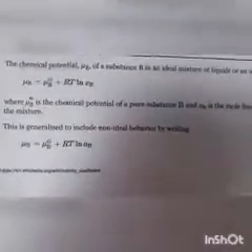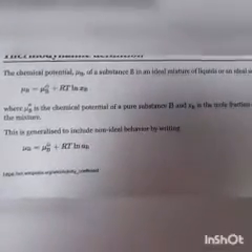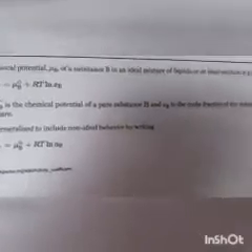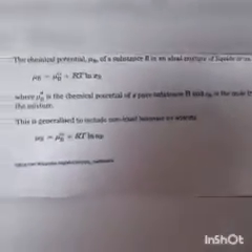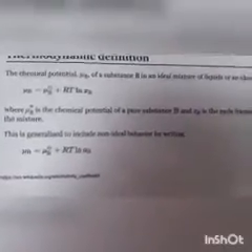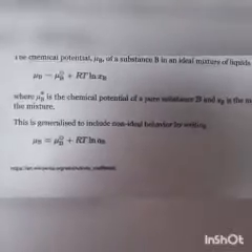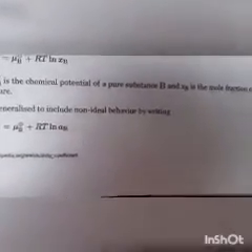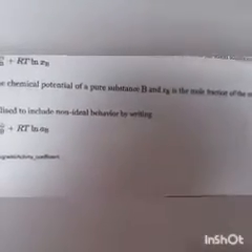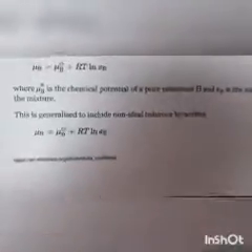The chemical potential mu B of a substance B in an ideal mixture of liquids or an ideal solution is given by mu B equals mu B theta plus RT ln XB, where mu B theta is the chemical potential for pure substance B and XB is the mole fraction of the substance in the mixture.